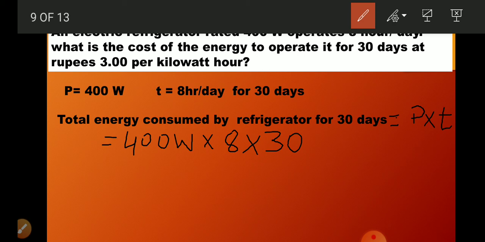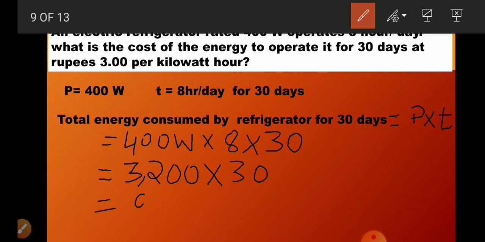When you multiply 400 into 8, you are going to get 3200. 3200 into 30, if you do, you are going to get 96,000 watt hour. The unit is watt hour.